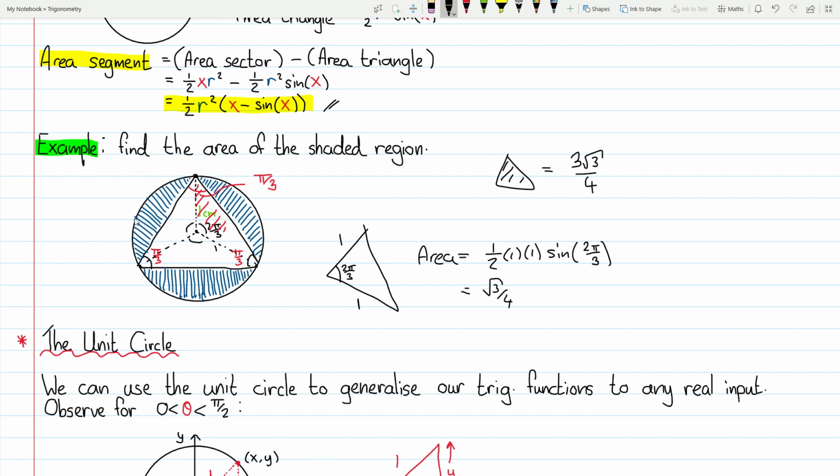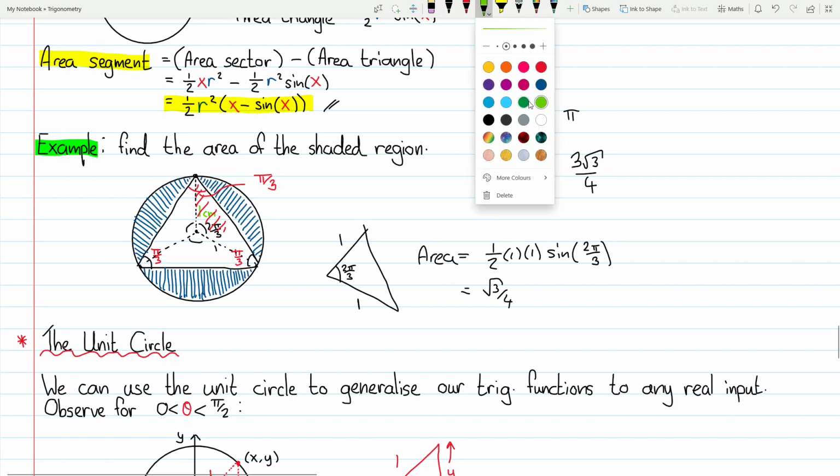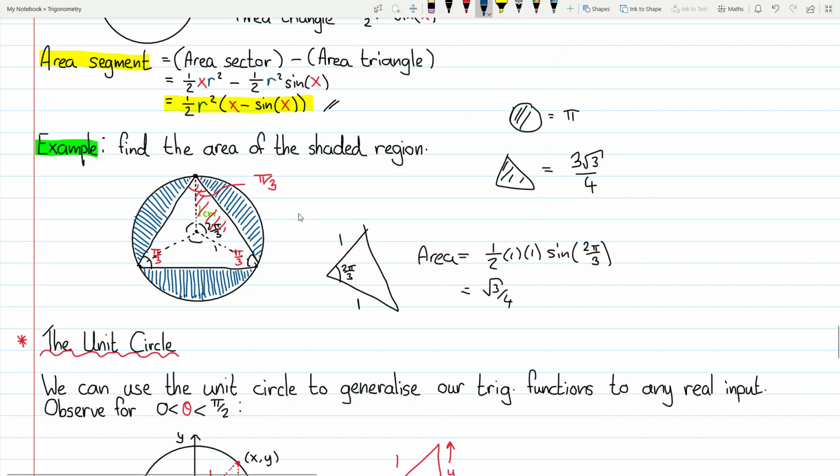The area of the full circle is just pi r squared. So our radius is 1, so it's just going to be pi. And so finally, the area of the shaded region, if we look at this nicely, is just the area of the circle, subtract the area of this triangle in the middle, so this weird circular region.